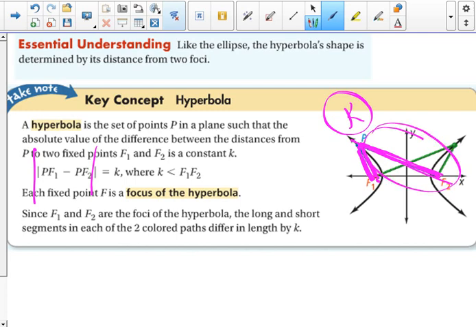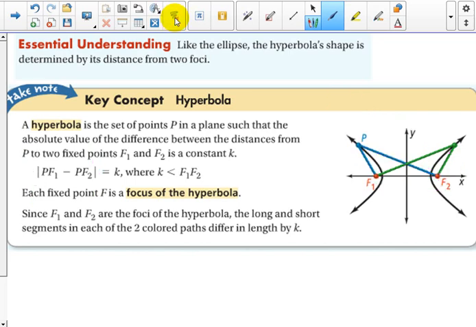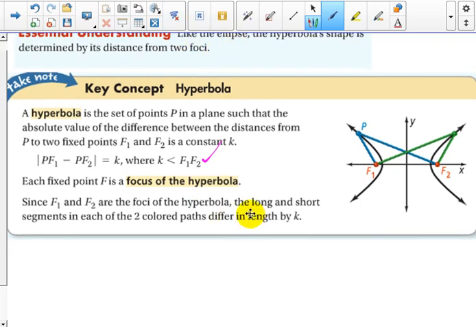It would give us a negative value. But we're talking about distance, so that's why we do absolute value to make it positive. So that's equal to K. So K must be less than F1 times F2. But we don't run into many cases today where we have to check that. We're just going through the first couple of problems, and then we're going to be done.